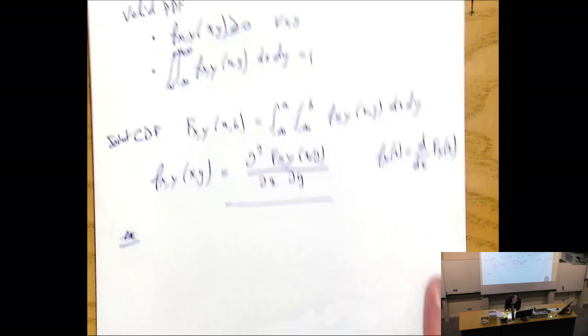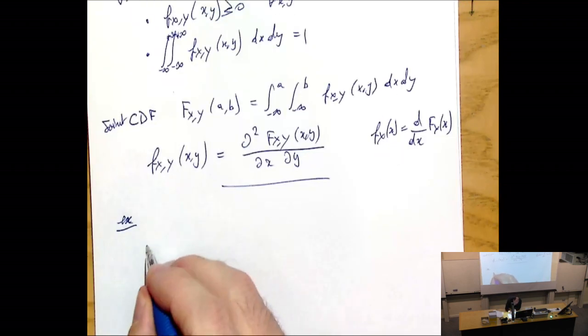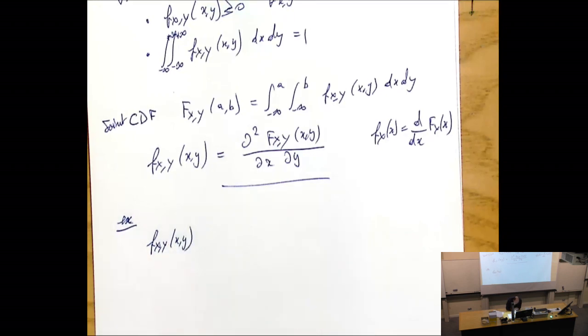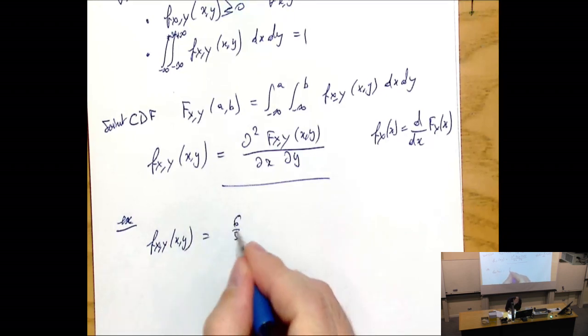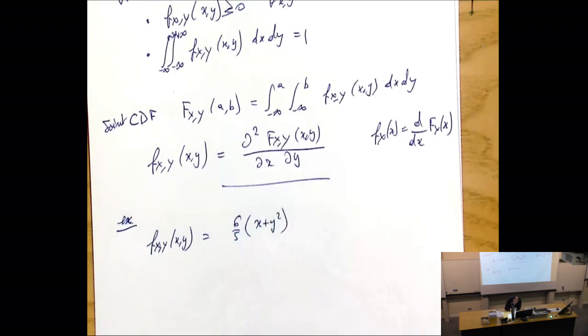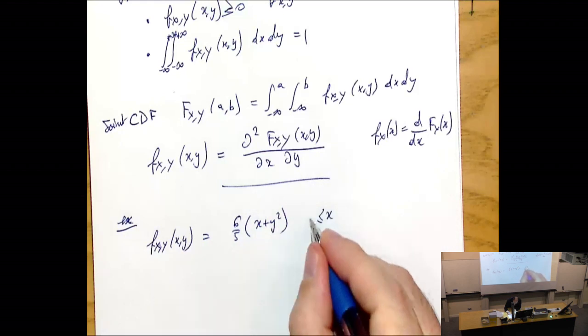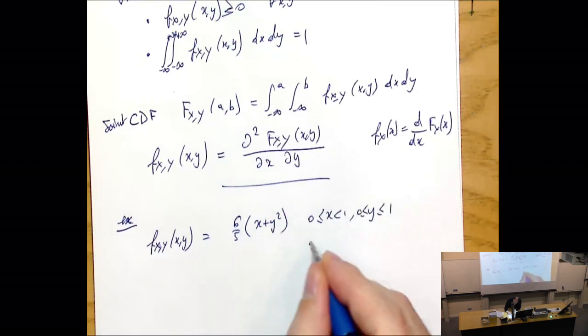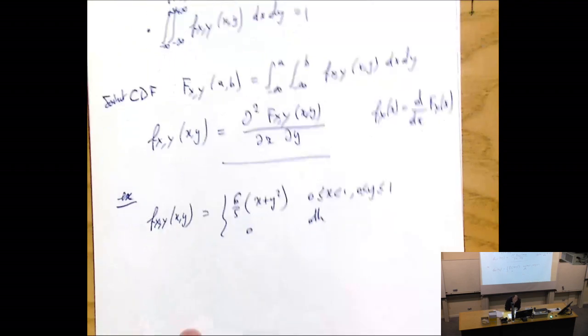So let's look at the following joint PDF. I have a joint PDF given by 6/5 (x plus y squared) when x is between 0 and 1 and y is between 0 and 1, and otherwise 0. Right?